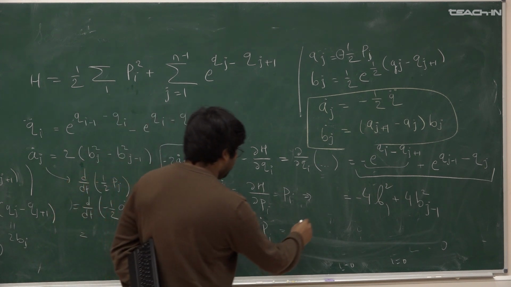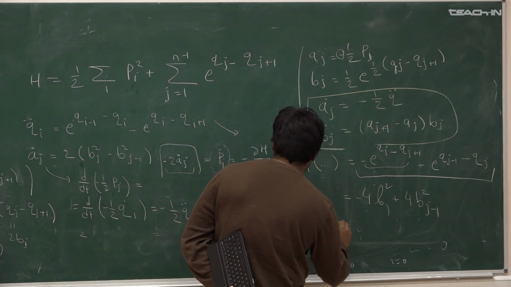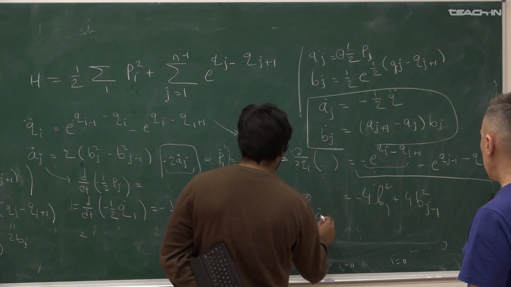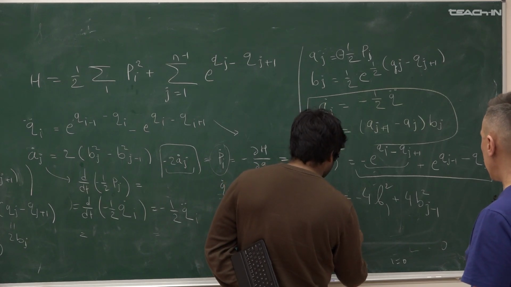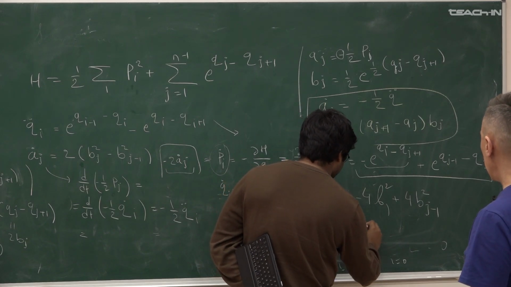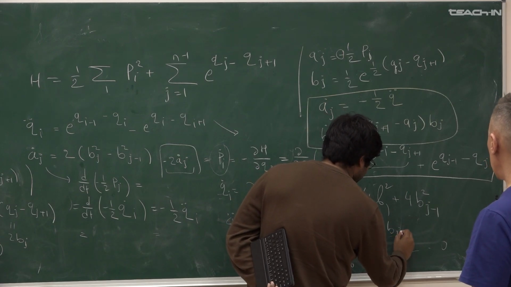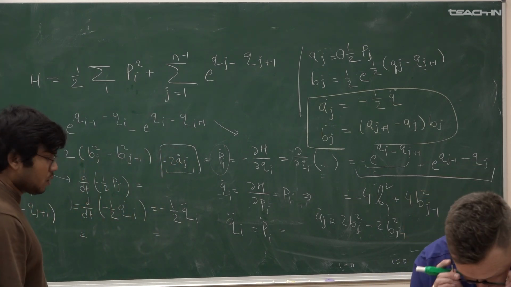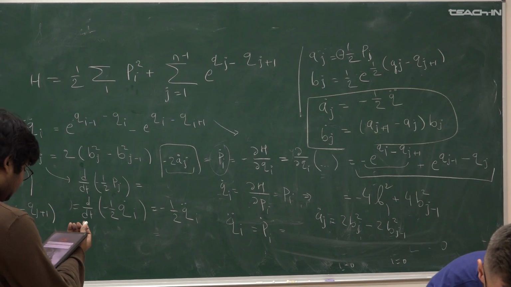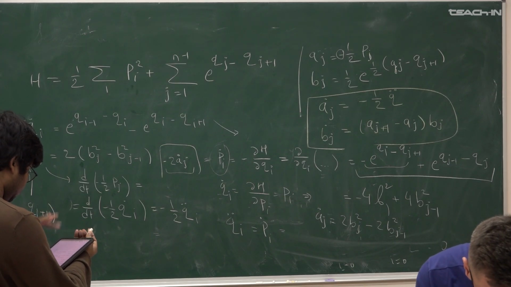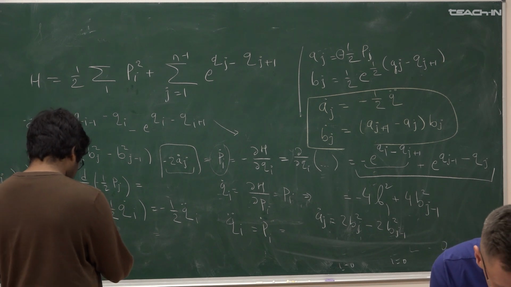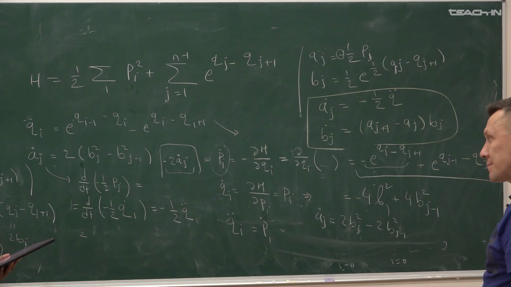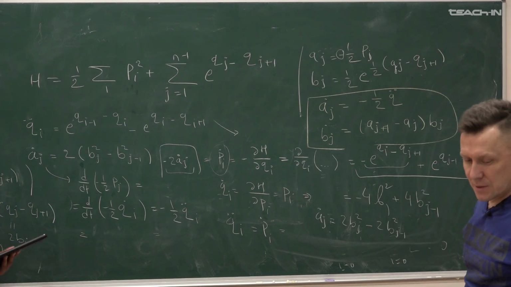So it means aj dot is just two bj square minus 2 b j minus 1 square. Yes, it is very similar to what we need. Yes, it's correct. That's it. Thank you very much.